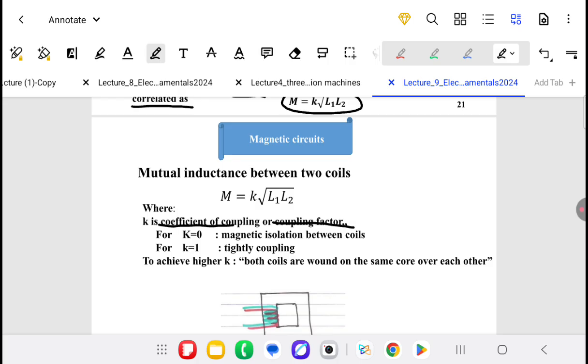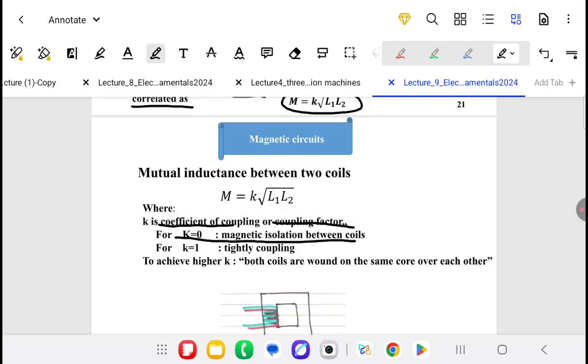If we have two coils isolated from each other, with no connection between them, one coil in one place and the other coil at another place, then the coupling coefficient K will be equal to 0.